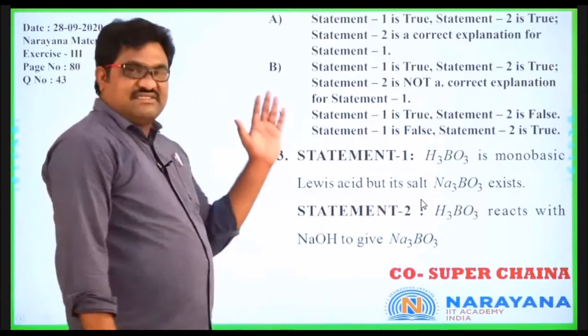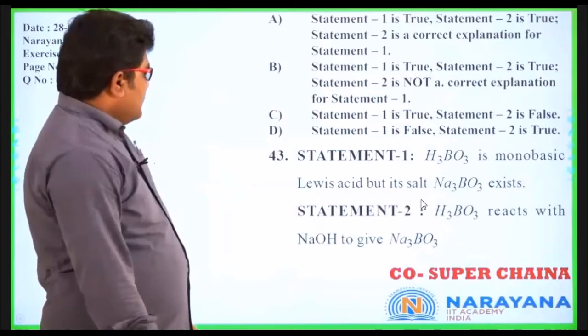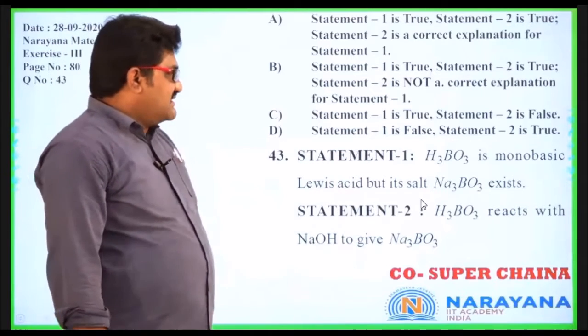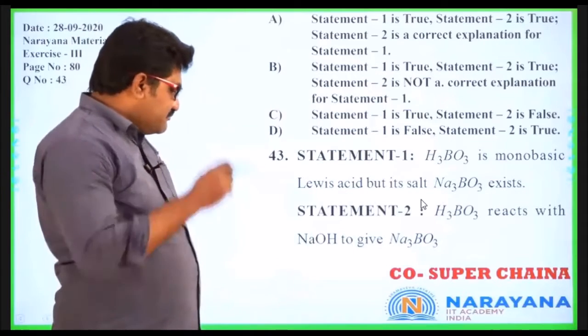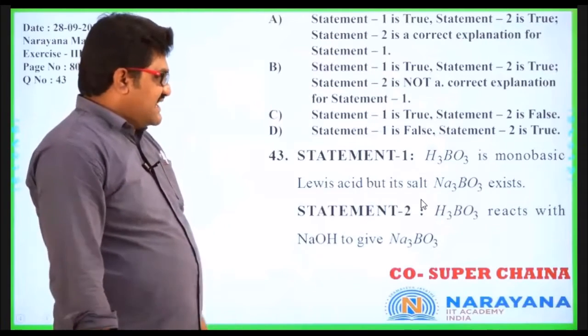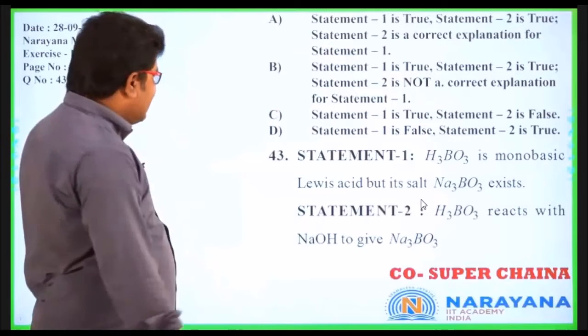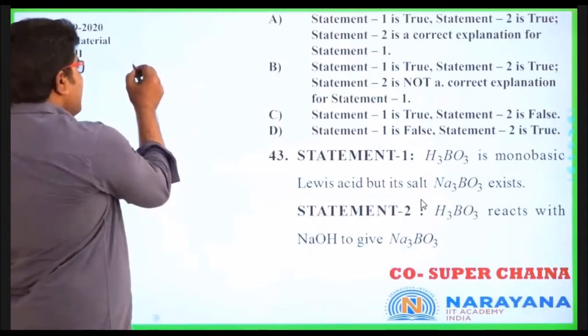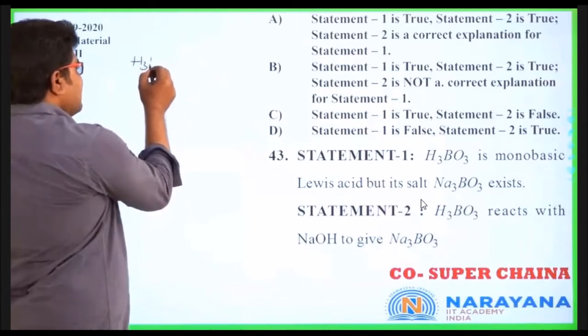Here again, a statement based question. H3BO3 is a monobasic Lewis acid, but its salt Na3BO3 exists. Yes, the salt does exist. And see here, H3BO3 is not a tribasic acid.